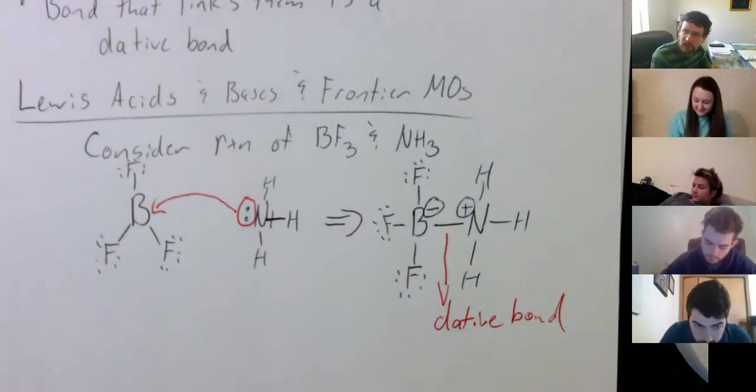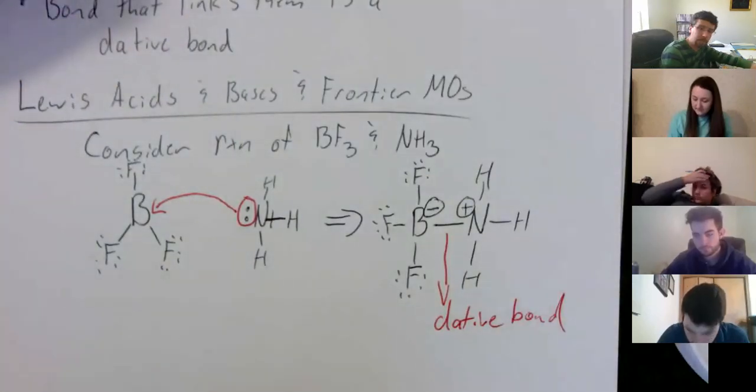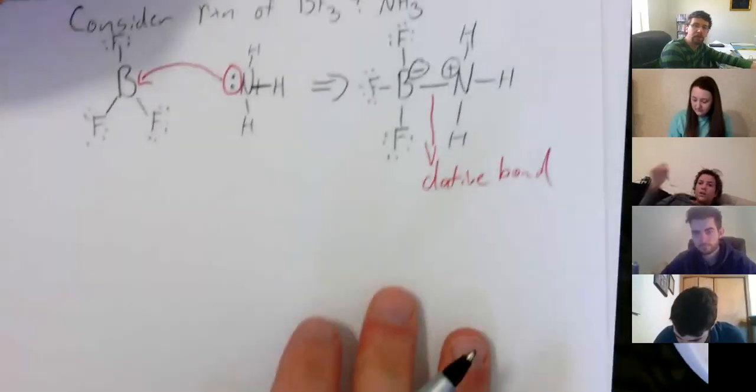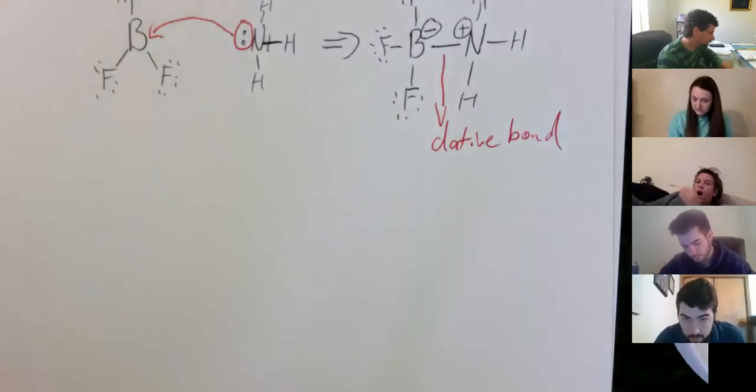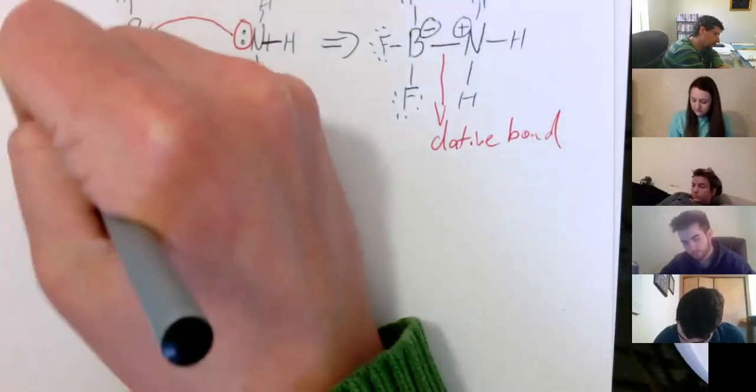Okay. So now let's look at the molecular orbitals and let's see what's going on here. I bet you guys can actually tell me what's occurring. So we're going to ask the question, what about their MOs?